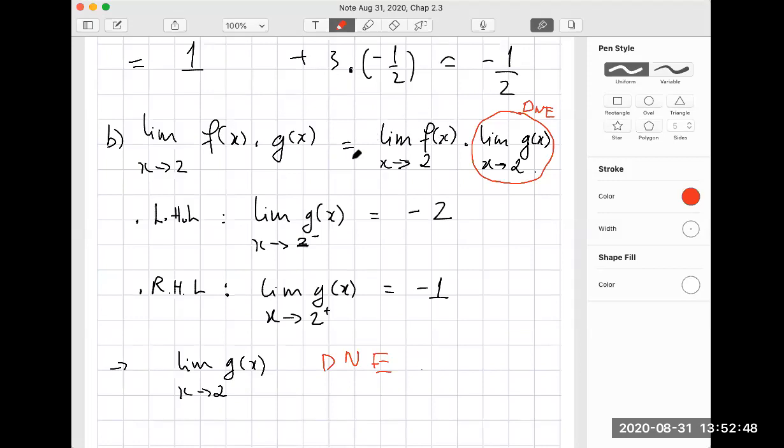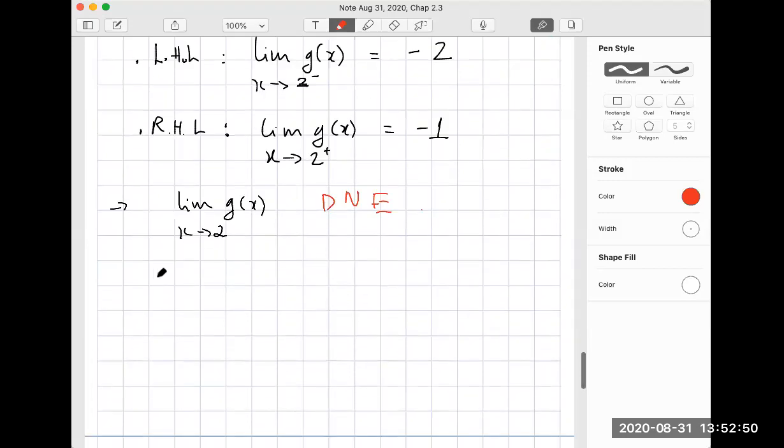And finally, we conclude that the limit of f of x times g of x when x approaches 2 does not exist as well. Is it clear?